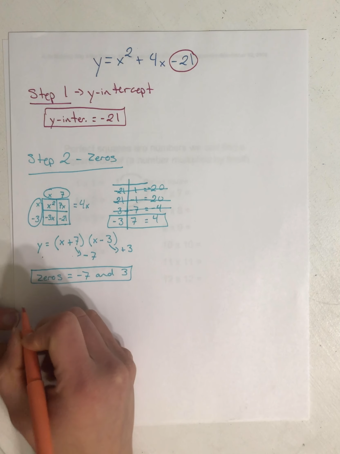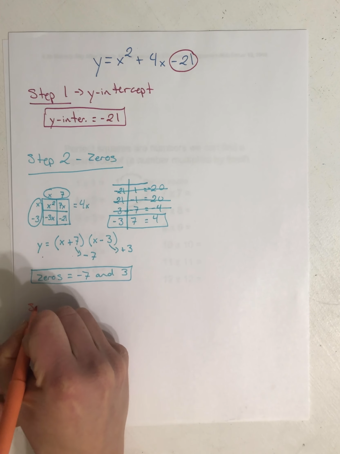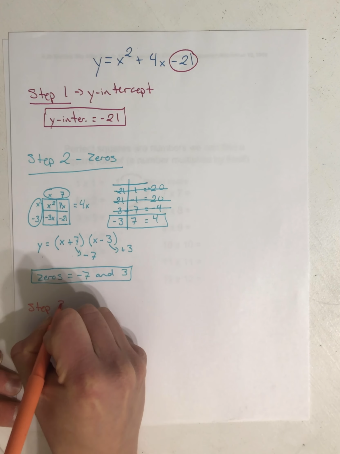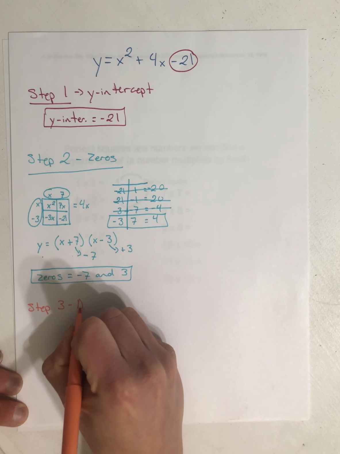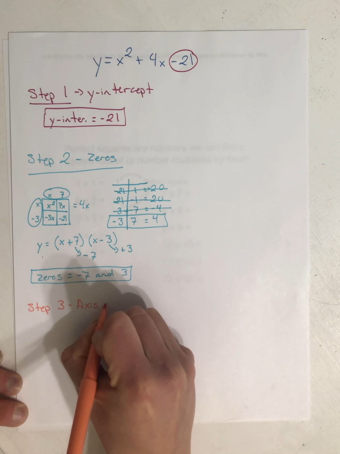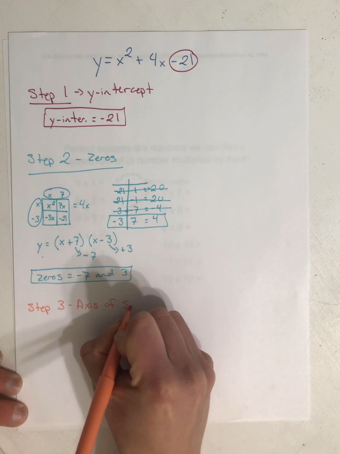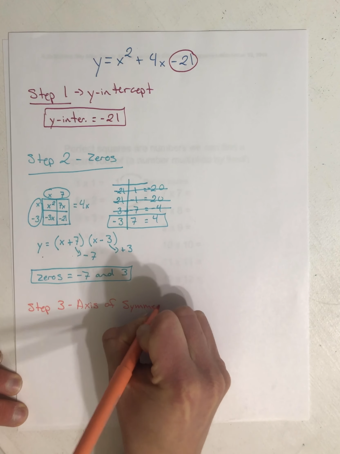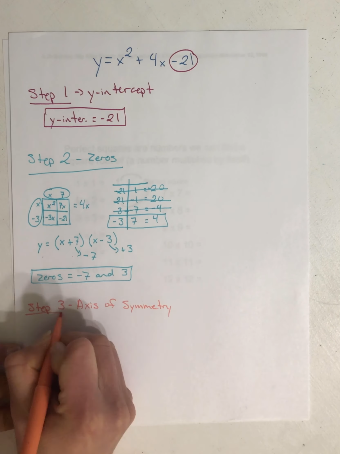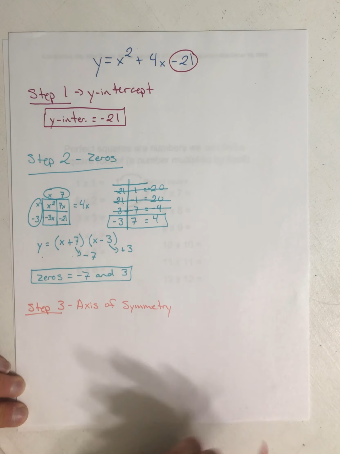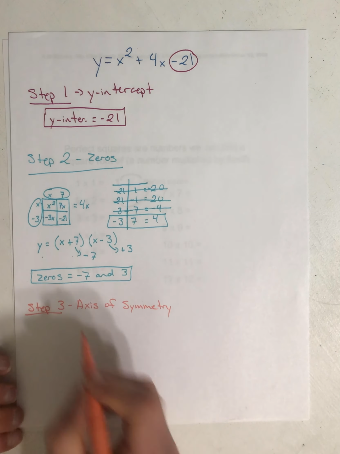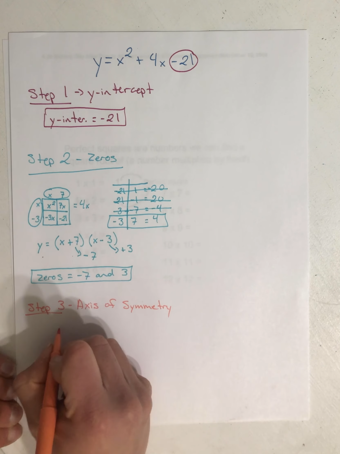And then our step 3 is to find the axis of symmetry. What we do with the axis of symmetry is we take our two zeros and we add them together.